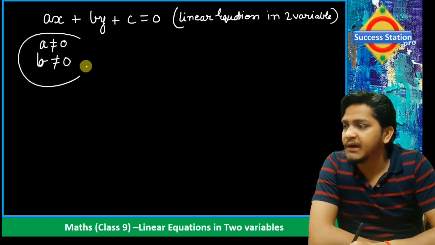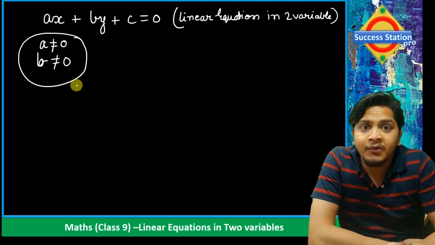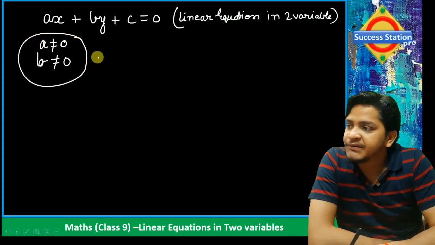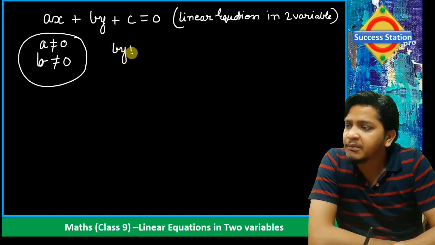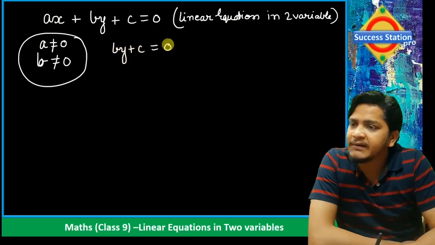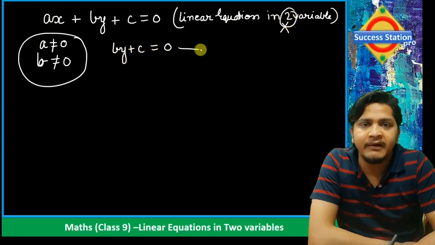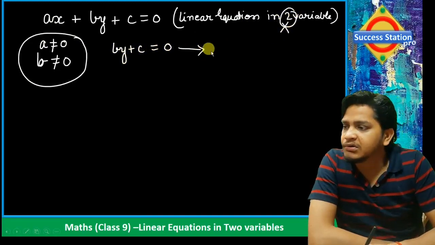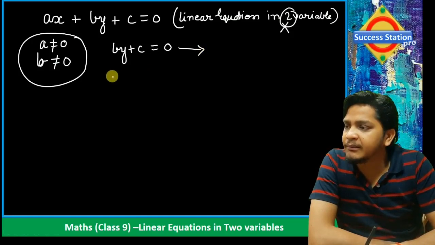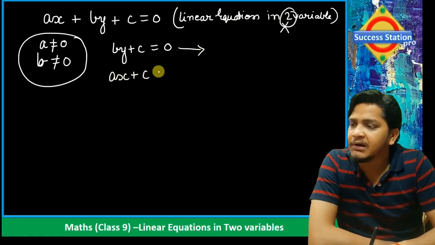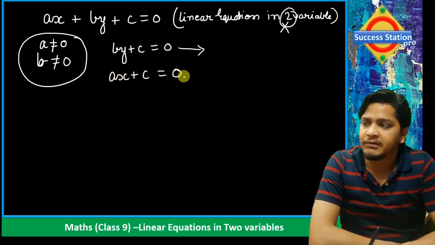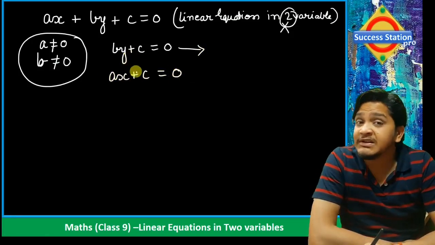Because if they are 0, then there won't be any variable. If a is 0, then we are left with only one variable, so it certainly is not two variables, it is only one variable. Clear? Also, if b is 0, you are left with ax plus c only. There is no b, there is no y, because b is 0.